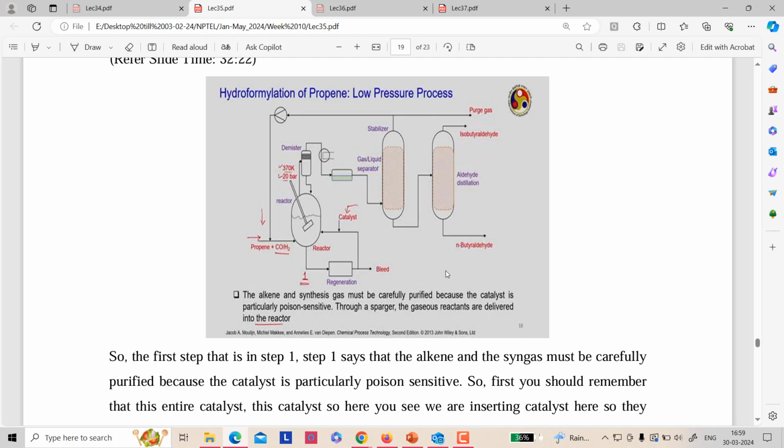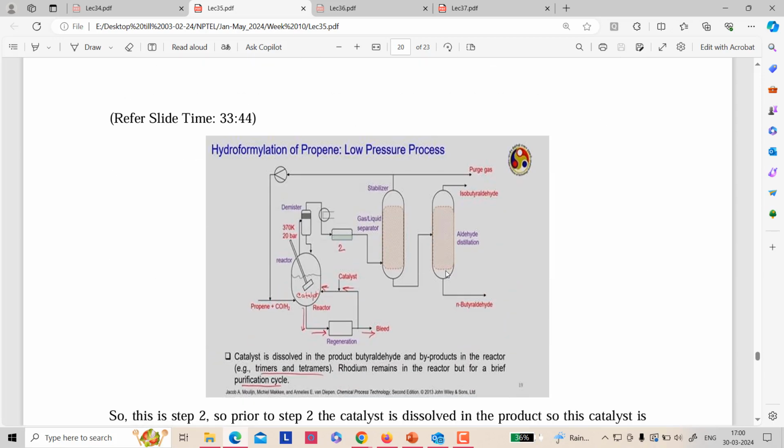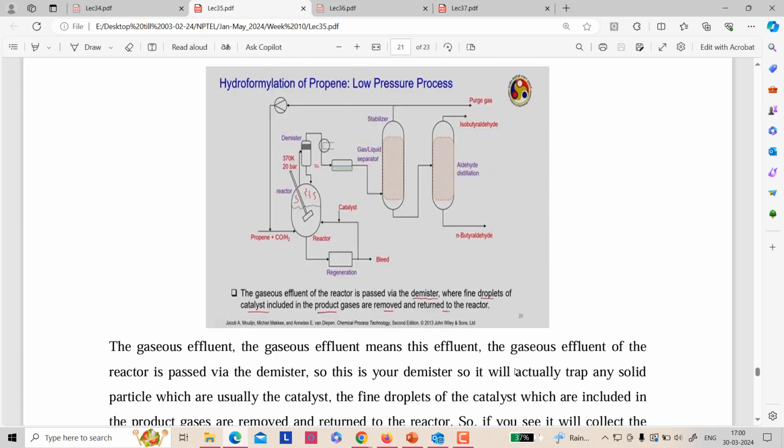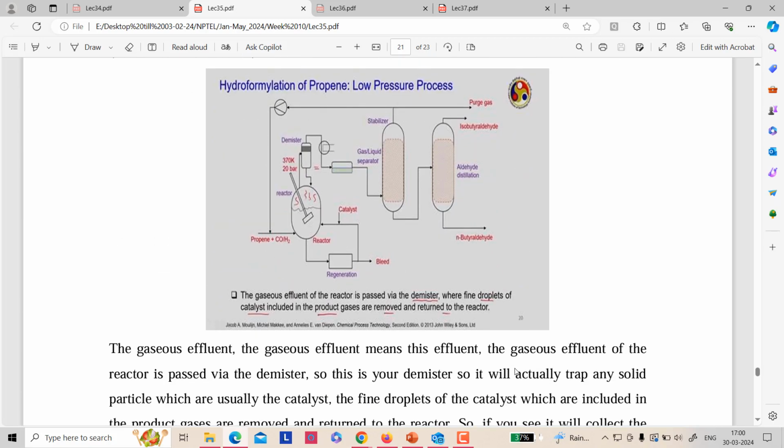Okay, first one is the reactor. Then the catalyst is dissolved in the product. Rhodium remains in the reactor but for a brief purification cycle. The gaseous effluent of the reactor is passed via the demister.